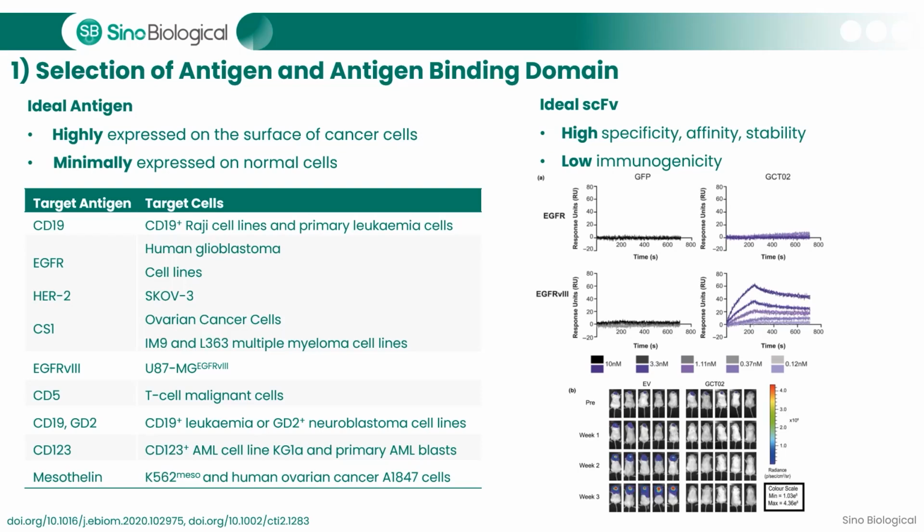It turns out that the scFv only binds to EGFR variant 3 with good affinity, but not EGFR. This validation is very useful in CAR development. After the infusion of the CAR T cells into the mice, the tumor size decreased a lot.